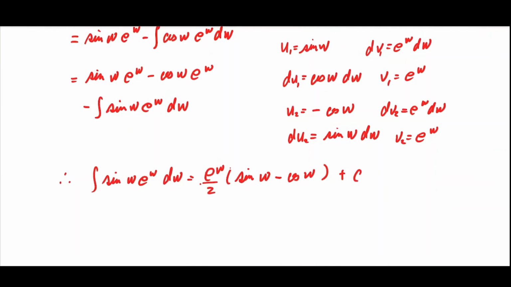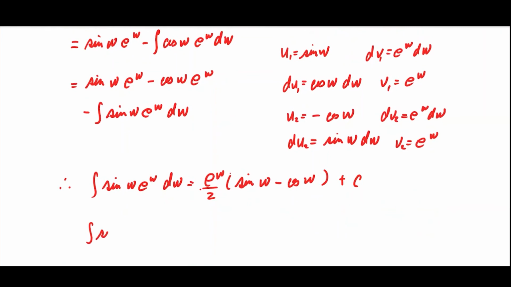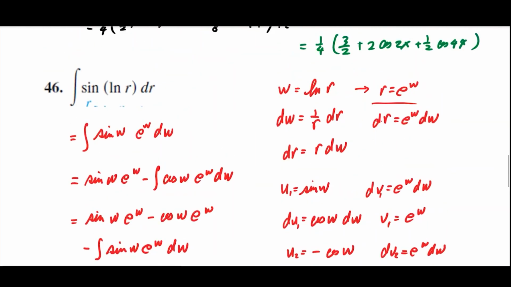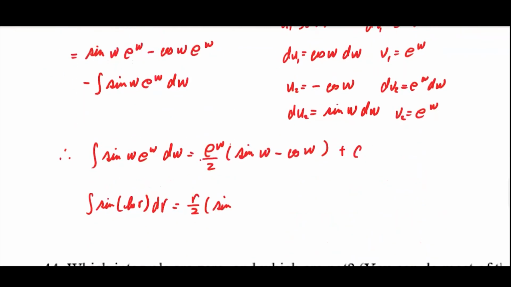So now my original integral, sine of ln r dr, is equal to, e to the w is equal to r, so we'll have r over 2 and sine, and w itself is ln r, so sine ln r minus cosine ln r plus c. And I'm going to put parentheses here just to make sure that's inside.